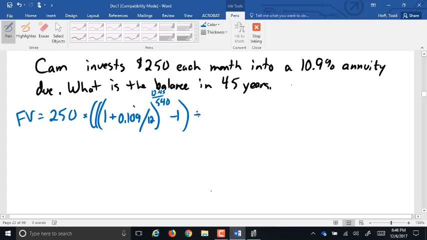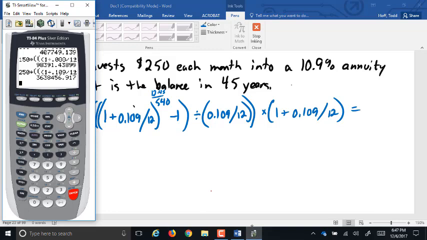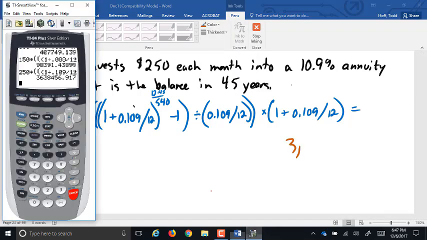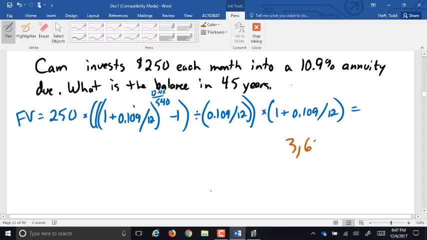Minus 1, close parentheses, divided by open, 0.109 divided by 12, close and close, times, open, 1 plus 0.109 divided by 12, close. And you guys get? That is correct. 3,638,456, and how many cents? 92 cents.